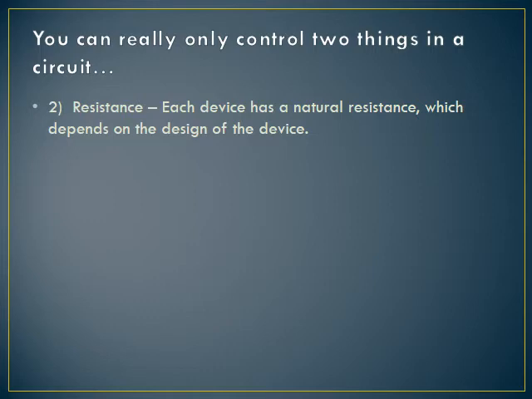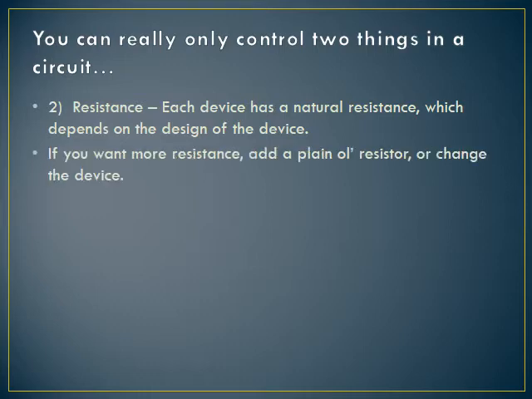Or if you have little resistors along your circuit, or resistors like light bulbs, for example. So if you want to add resistance to a circuit, you can add a resistor or change the design of the device, because the resistance is how hard it is for electrons to pass through.